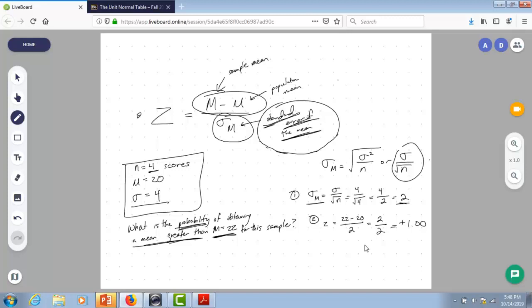Now, the question is asking us for the probability of obtaining a mean greater than M equals 22. So when we're talking about greater than, we know that greater than indicates a direction of going to the right. Lesser than indicates a direction of going to the left. We have a positive z-score, so we suspect that it will likely fall right here, and we are interested in the area going this way, because that would be greater than.